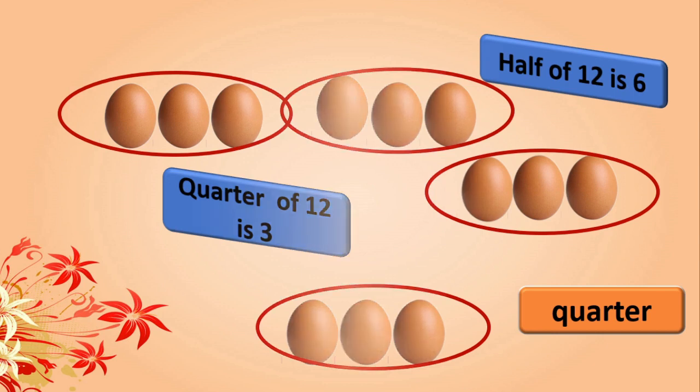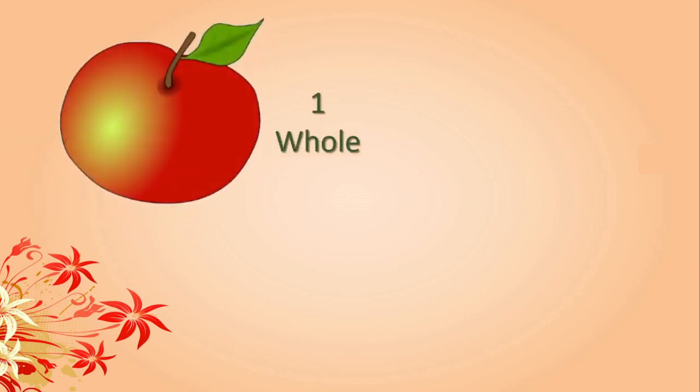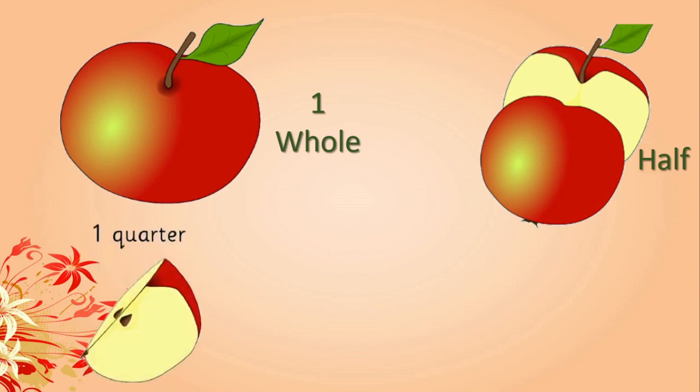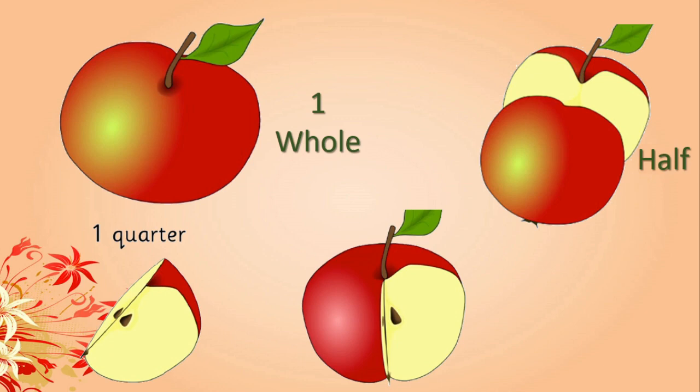Correct? Now dear children, this is an apple. One whole apple. Okay, we will cut this into two equal parts. That is nothing but two halves, or each part is called half. Okay, you know this, and you know this also. This is 1/4. When we cut an apple into four equal parts, then each part is called 1/4. Okay, dear children, then what about the other three parts that are left when we take out 1/4 from an apple?